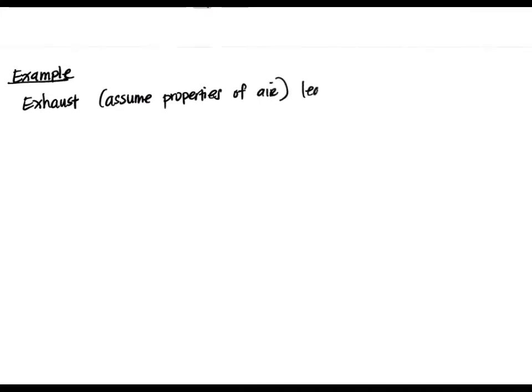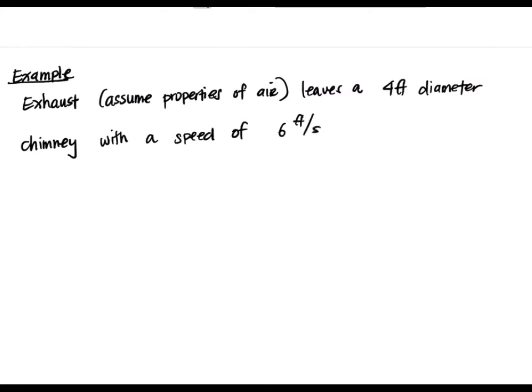So let's start a fresh page. Okay. So we have exhaust, and we're going to assume properties of air, leaves a 4-foot diameter chimney with a speed of 6 feet per second because of the wind after a few feet downstream.